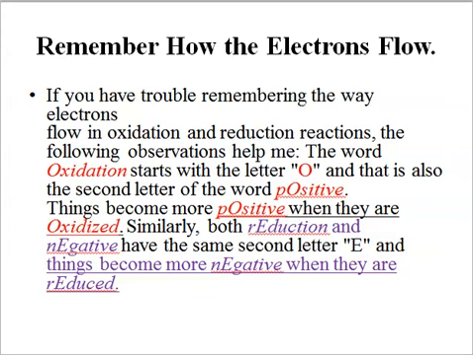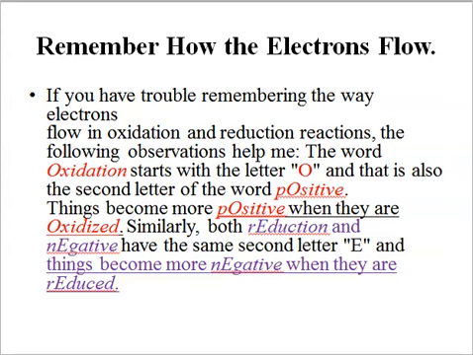The word oxidation starts with the letter O, and the second letter of positive is also O. So always remember that when things become positive, it means they are oxidized. And what do we mean by oxidized? It means it loses electrons. So whenever a species loses electrons, it becomes positive, and when a species becomes positive, it means it's oxidized.